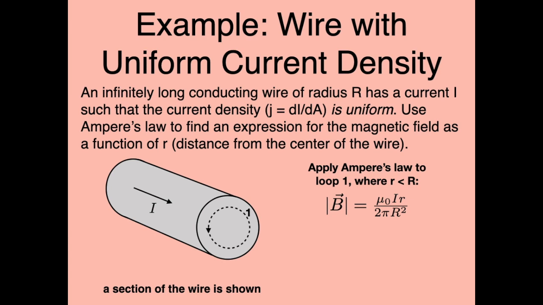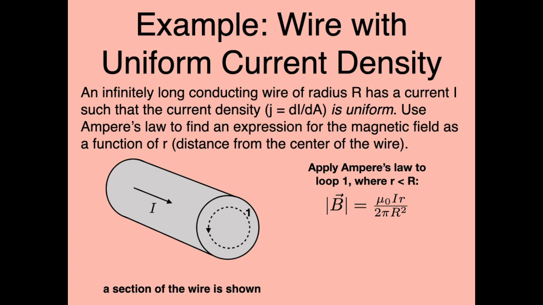Okay, so the result is that the strength of the magnetic field inside of the wire is equal to mu naught times I times little r divided by 2 pi times big R squared. So notice how everything here is a constant except for little r. So this is just telling us that the magnetic field is increasing linearly as radius increases when you're inside the wire. So the magnetic field gets stronger and stronger as you go out from the center of the wire.